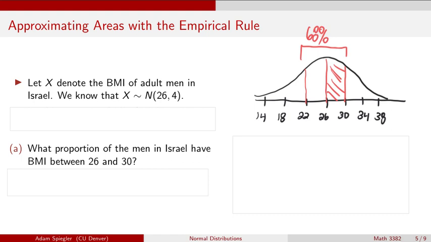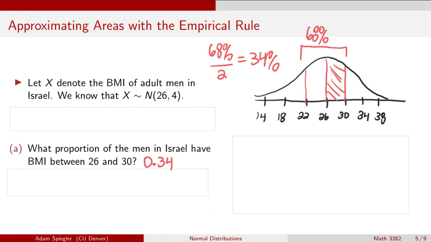And here we've got half of that. Since the normal distribution is symmetric, we take this 68%, divide it by 2, and that gives us 34%. So for the first question, the proportion of men in Israel that have a BMI between 26 and 30 is approximately 0.34, or about 34% of the men.